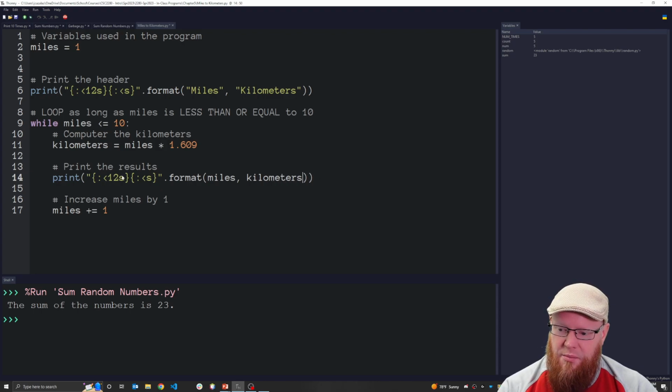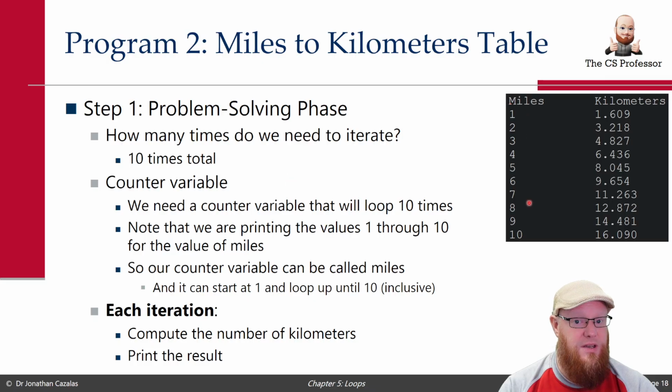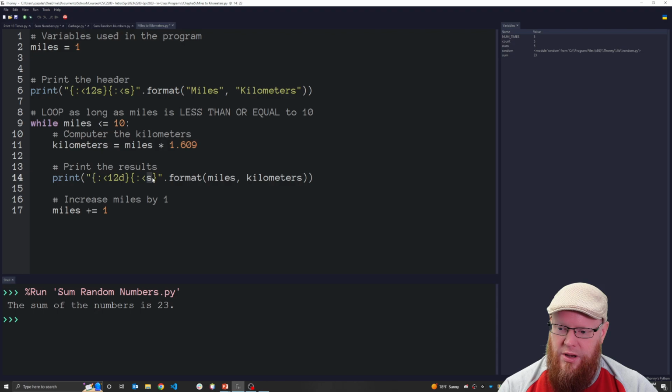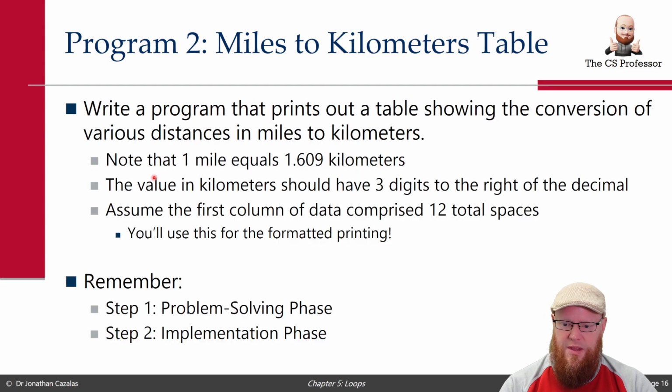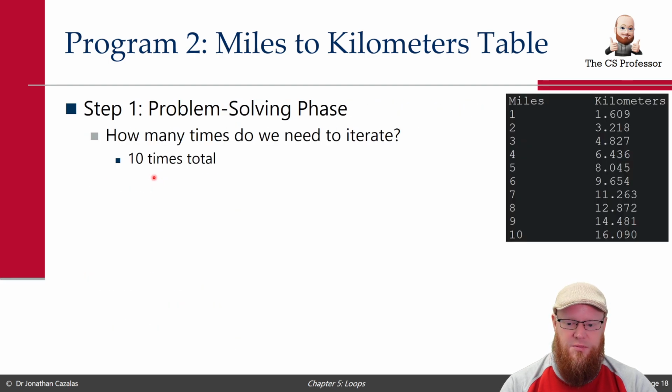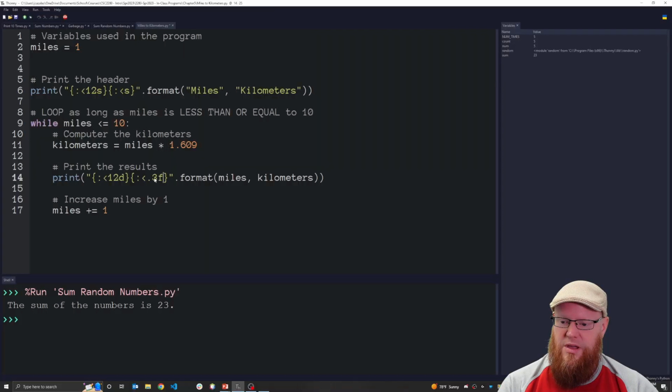And so here we're not printing S. This is going to be a D because miles is an integer. And here we need to print 0.3f. I believe the problem said 3 digits. We'll come back. It said 3 digits to the right of the decimal. So we're going to print 0.3f for the kilometers.